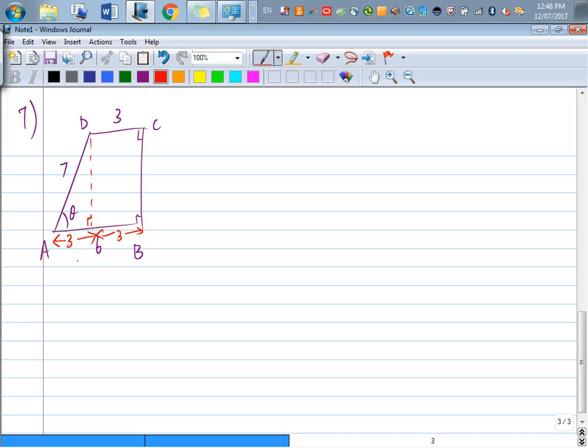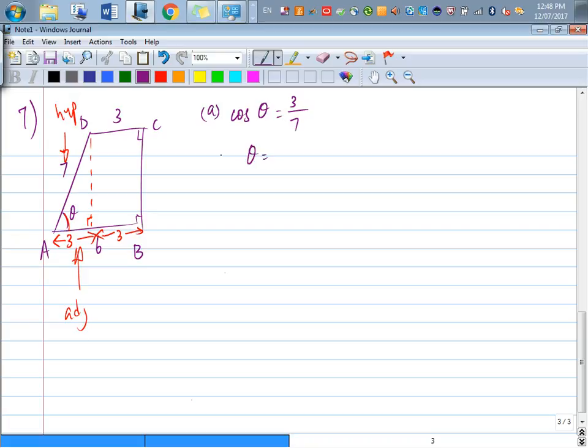What is this side called? What is this side called relative to this angle? Adjacent, yes. So this is our adjacent. This is our hypotenuse. So what trigonometric ratio should we be using? Cosine theta equals to adjacent, which is 3 over 7.